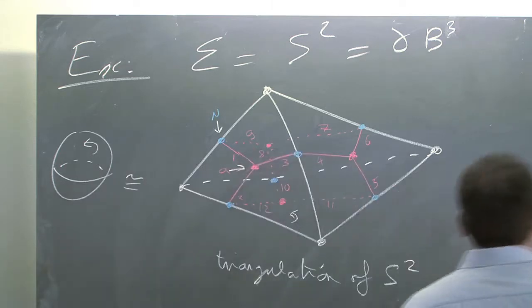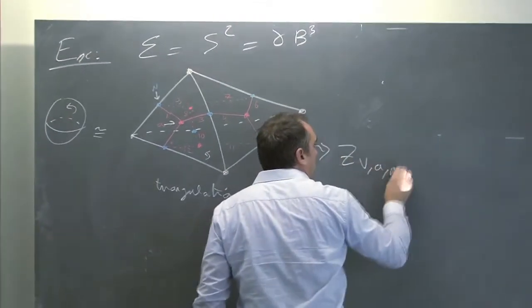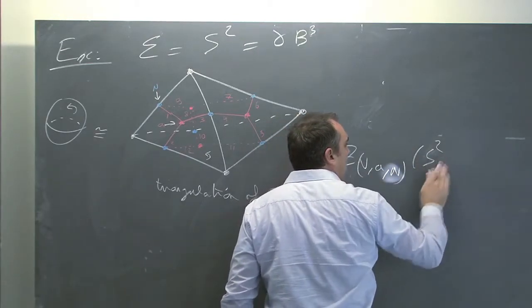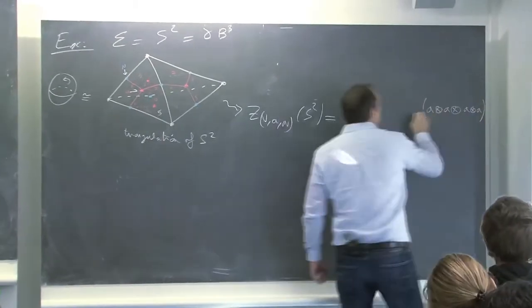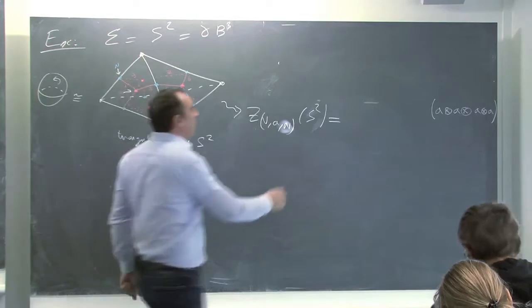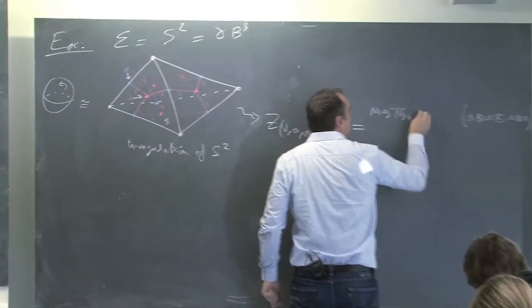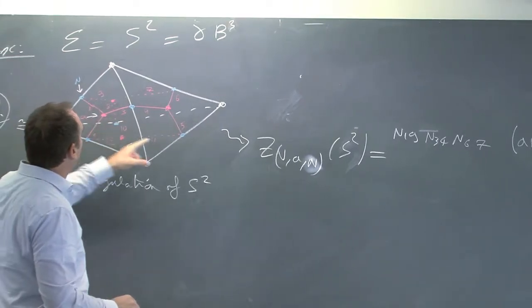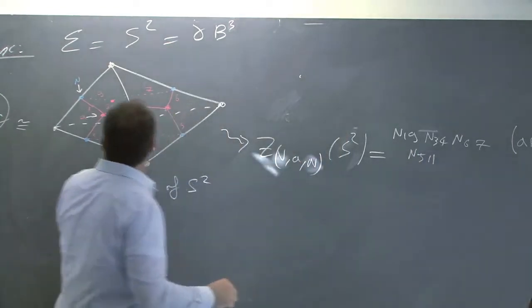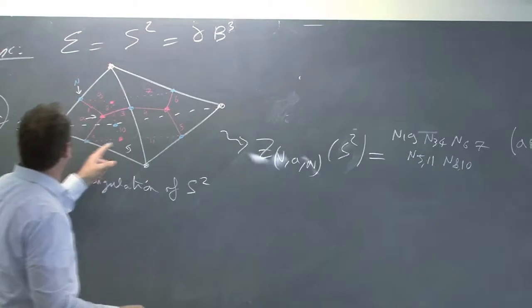So here, what do I obtain? This gives that V A mu of S2 is equal to 4 copies of A, and now we contract: mu 1, 9, mu 3, 4, mu 6, 7, mu 5, mu 8, 10, and mu 2, 12.